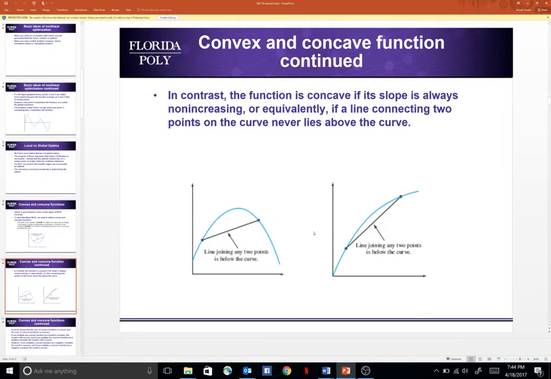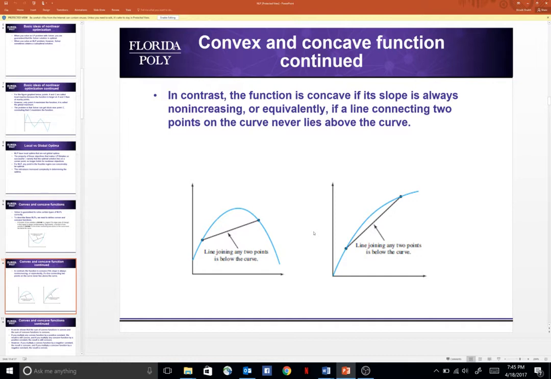On the flip side, if we look at concave, one way that I learned, at least when I was growing up and going to school, was obviously concave. It looks like a cave, right? So that's kind of what's being illustrated here. In this case, the slope is non-increasing, or it's a decreasing function, the way the slope is being represented here.